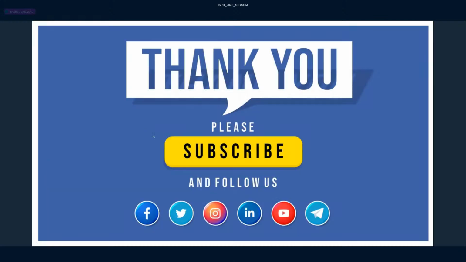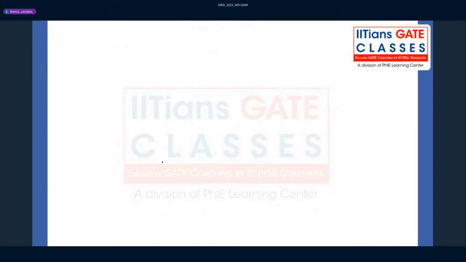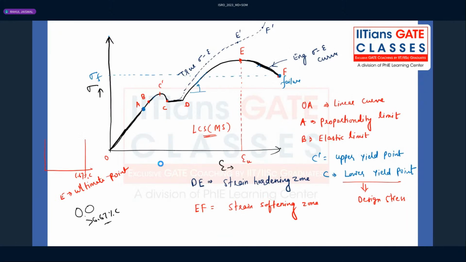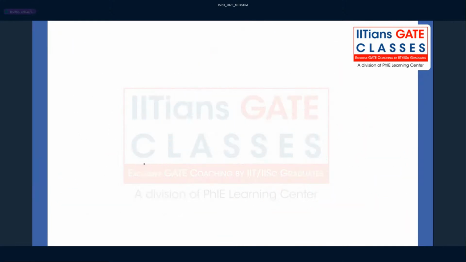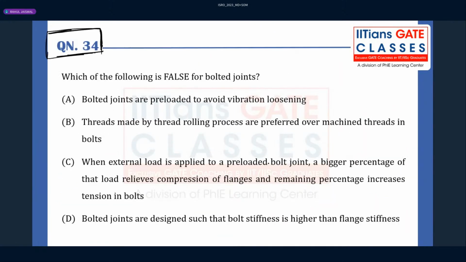Now, all of you, please go back to the bolted joint question here. Which of the following statements is wrong for the bolted joints? It is somewhat not a very easy one to do. Note down, then I will explain.